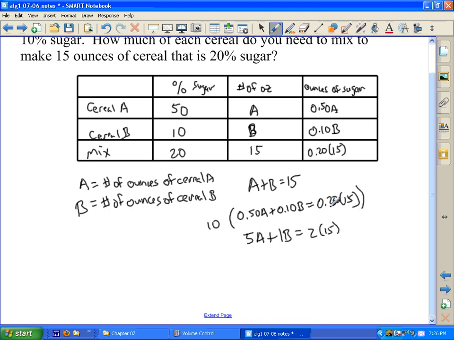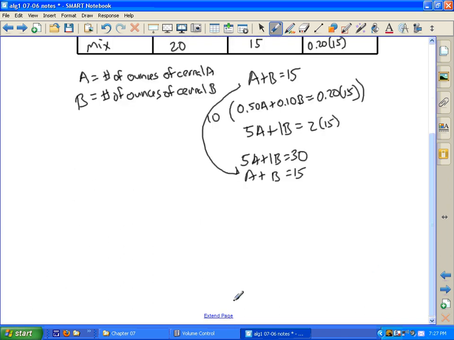Remember, you don't distribute 10 times both of those. You multiply the 10 times 0.20, you get 2 times 15, that'll be 30. So 5A plus 1B equals 30. This equation here, A plus B equals 15, now gives us our system of equations that we want to solve.